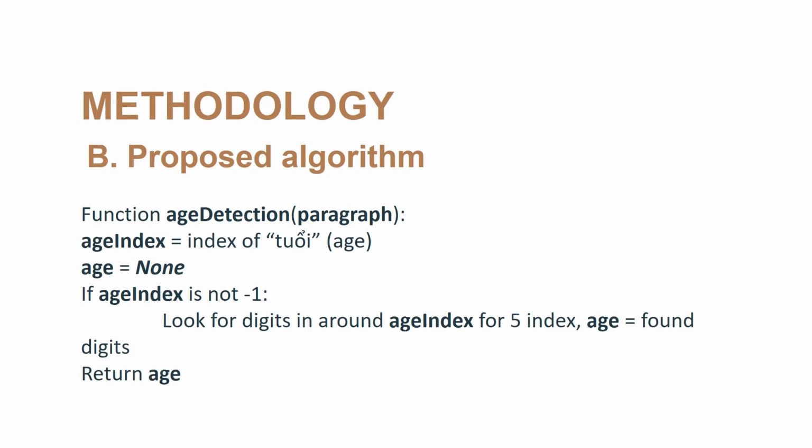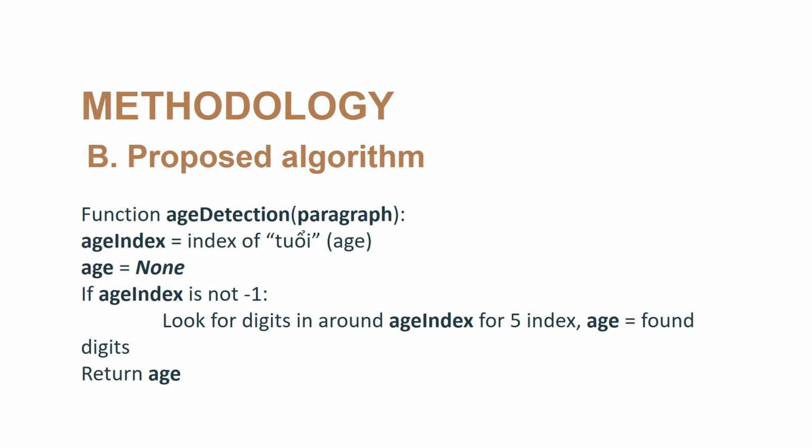This slide demonstrates a method to find the patient's age. The algorithm will check if the word age exists in the report by getting the value of the age index variable, which contains the lowest index of the word age.